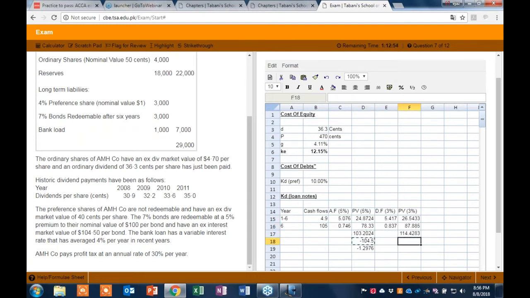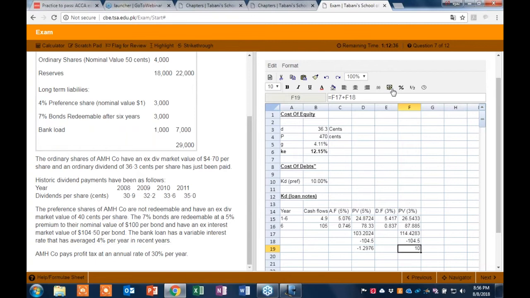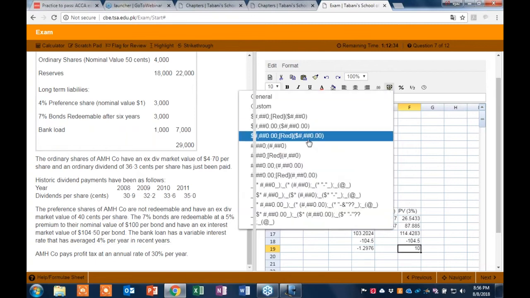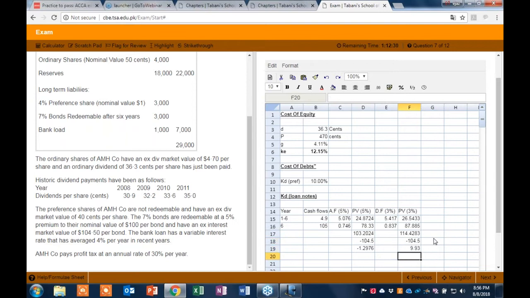And since the investment will remain the same, I'll just write it here. And this time I've got a positive NPV. So we've got two NPVs here.